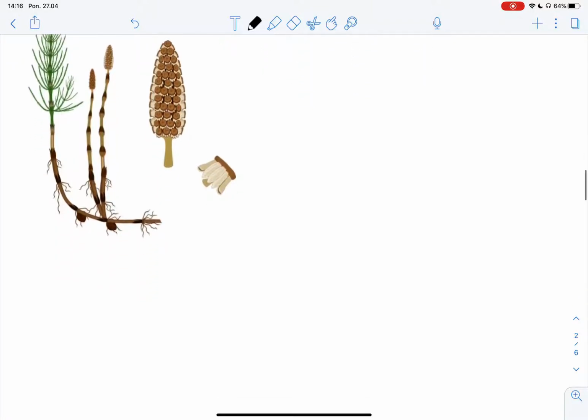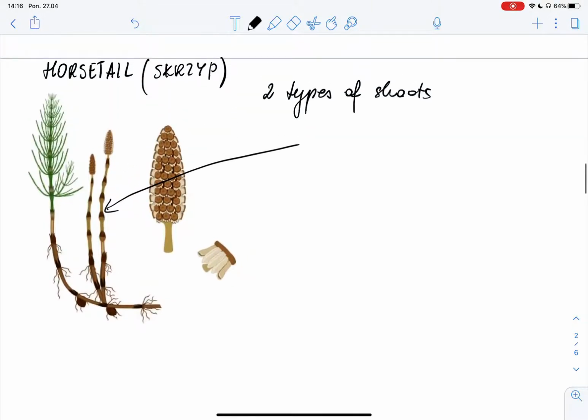The brown one is called the spring shoot, czyli pęd wiosenny. What is significant about this is the fact that the spring shoot has the sporangium on its top.